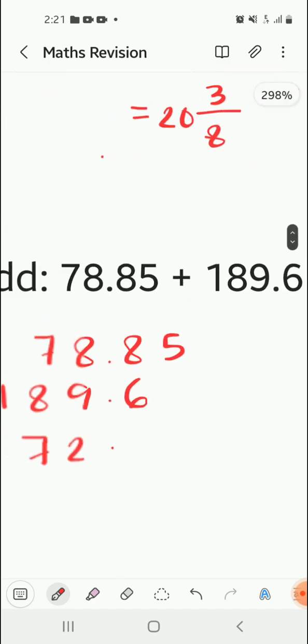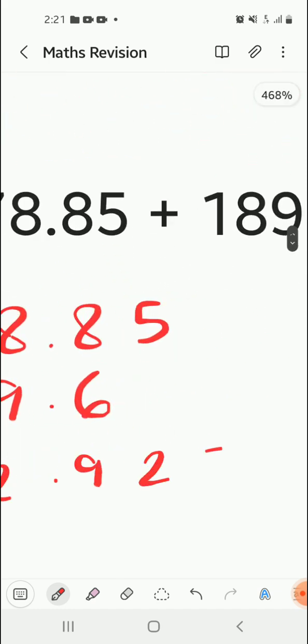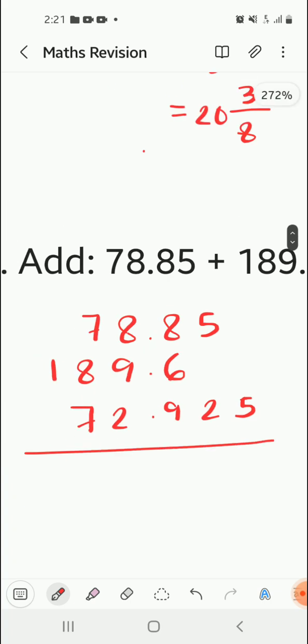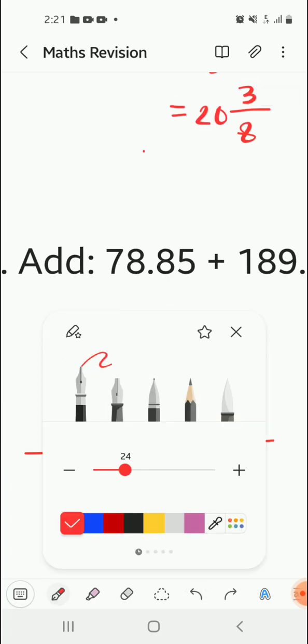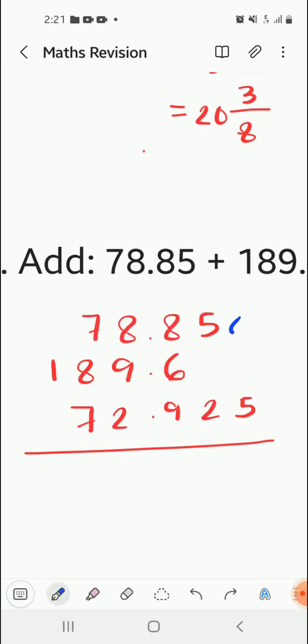So 925 we are going to write after this. You can see there are empty spaces over here, so if you want you can insert zeros at those empty places to avoid confusion. It means the same thing, 189.6 and 189.60 or 189.600. As many zeros as you want to add doesn't make a difference.